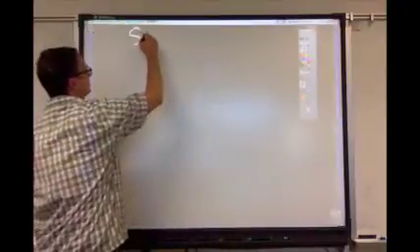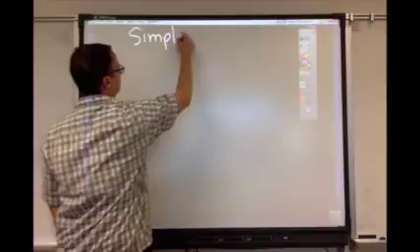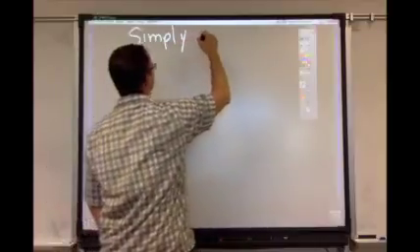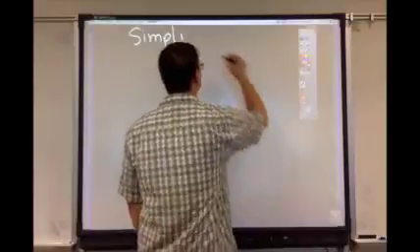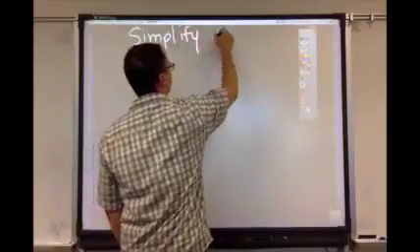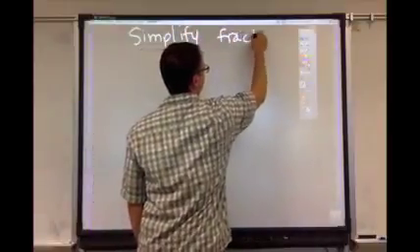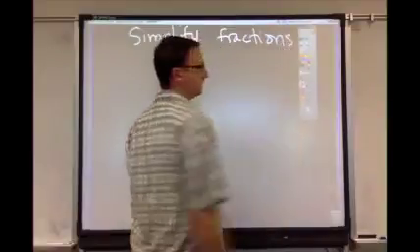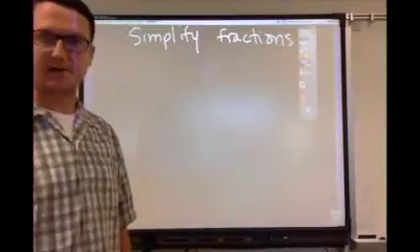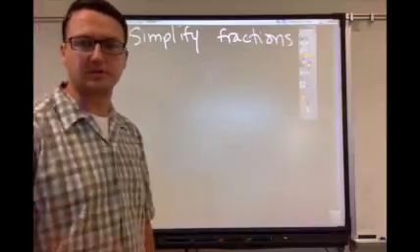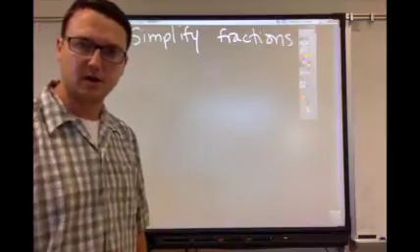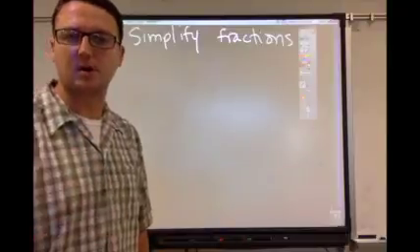So our topic is simplifying fractions. That's what we're going to be focusing on today. It's really just a few steps that you have to do to get a number as small as it can be.